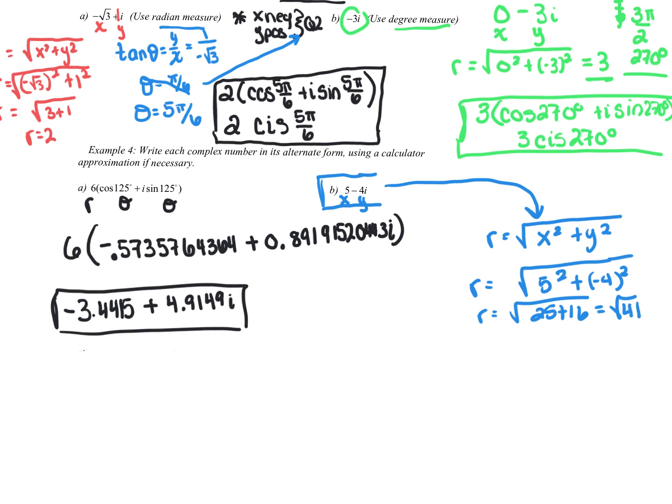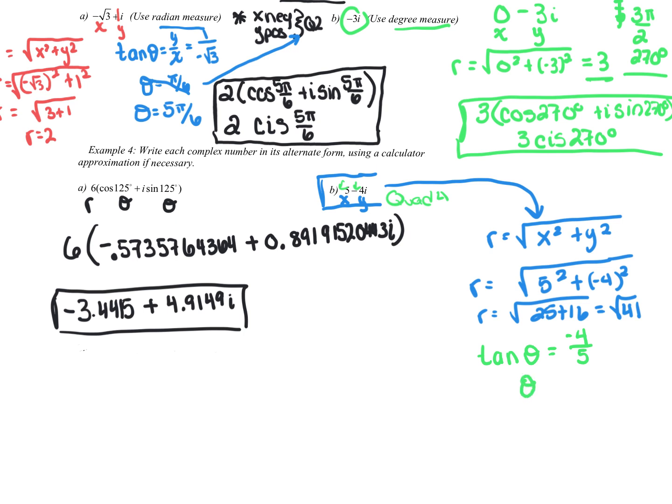I'm going to leave that alone for a second, and I'm going to go find my theta. So remember, tangent of theta equals my negative 4, my y, over my x. Before you type in the calculator, this is in quadrant 4 because the y is negative but the x is positive. So if you type that in a calculator, make sure you get an answer in quadrant 4.